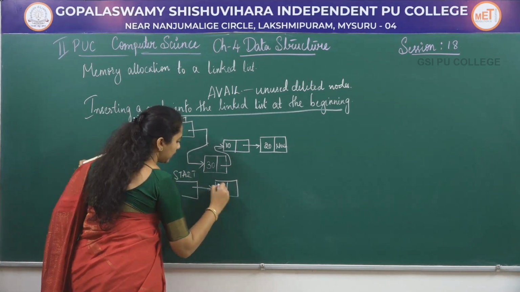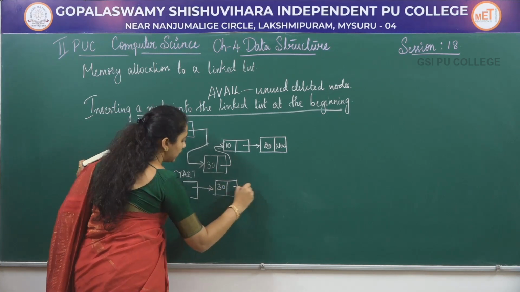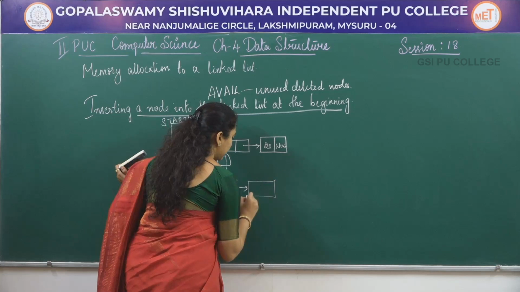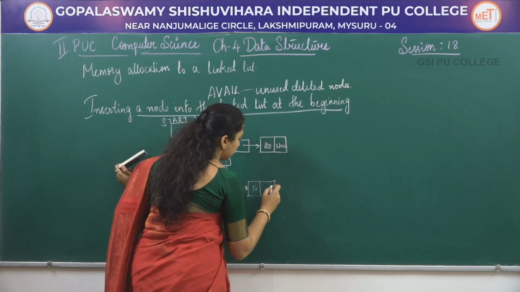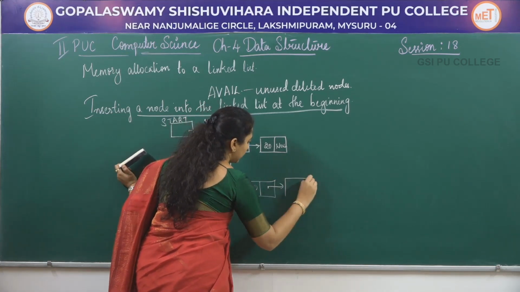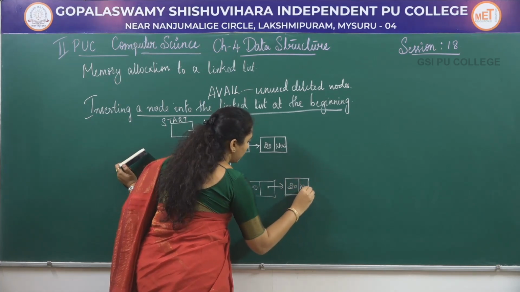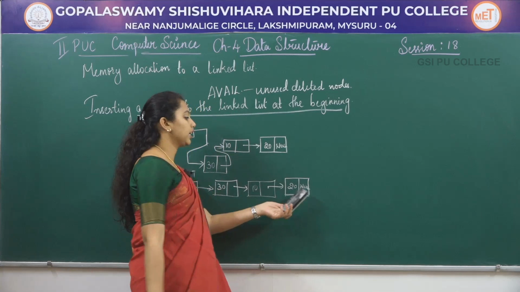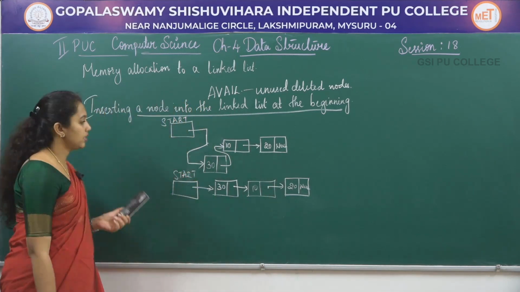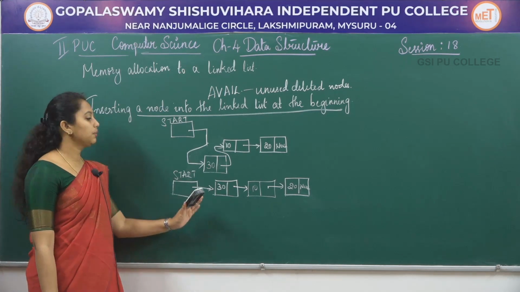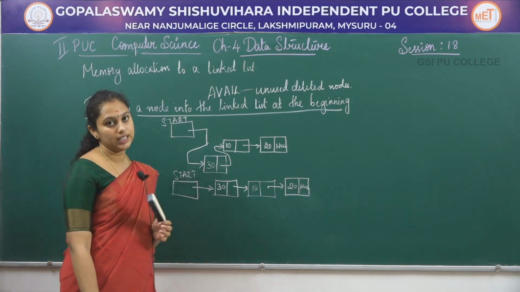First it contains a node with information 30, then the second node with information 10, and the third node will be 20. In the link part it contains null. This is how we are going to insert a node to the beginning of the linked list.